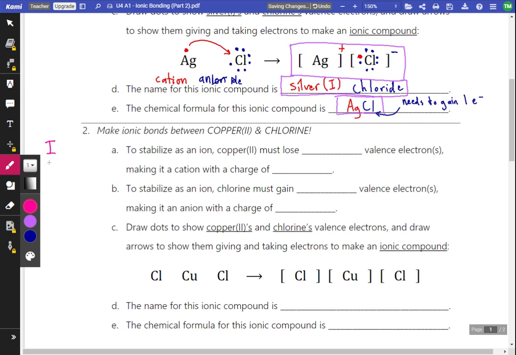I is 1. II is 2. III is 3. IV is 4. V is 5. VI is 6.